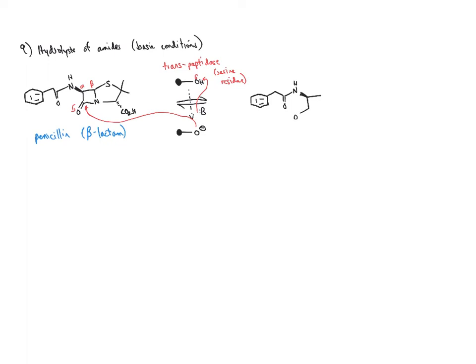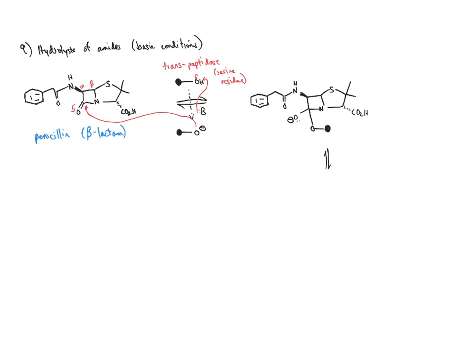So the first thing that happens, we get a tetrahedral intermediate. There's our serine residue and the rest of the enzyme. So we've got this tetrahedral intermediate, which then collapses with loss of the leaving group.